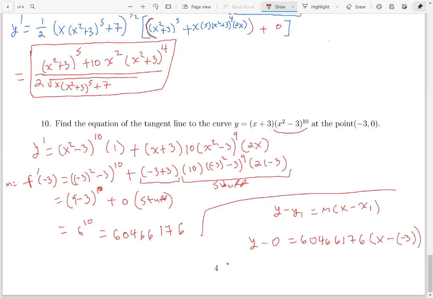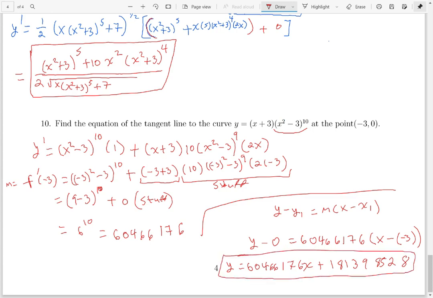And so let's clean it up a little bit. Y is then equal to 60,466,176 times x plus that number times 3, which is 181,398,528. And so I claim that is the equation of our tangent line to the point negative 3, 0.